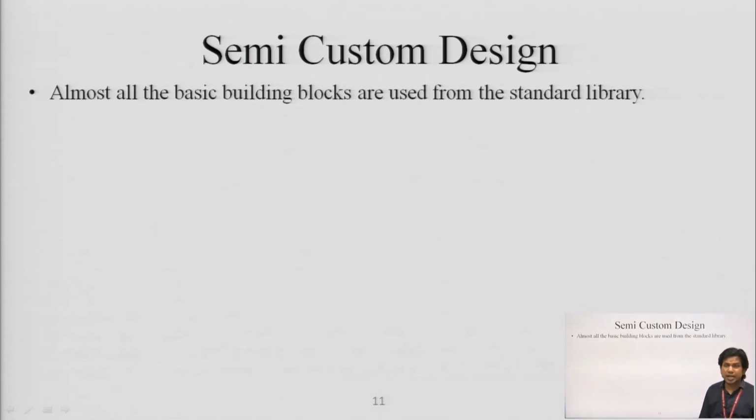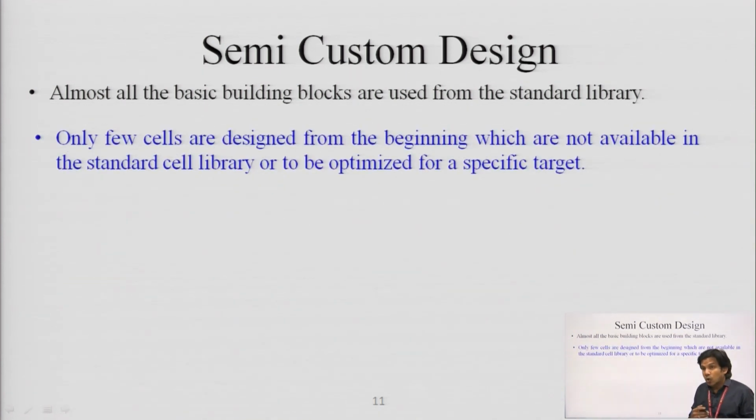Now, the next is semi custom design. In semi custom design, we are using some standard blocks that are already in the standard library, but the things that we want to optimize, only those particular cells we are redesigning, so that we will have better optimization. This semi custom design takes less time compared to full custom design, but again the performance of semi custom design is not much better compared to full custom.